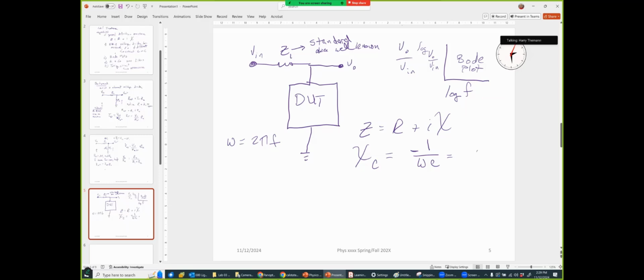And also when we measure time, remembering that frequency equals 1 over the period. So we express that as 1 divided by 2 pi F C, capacitance.